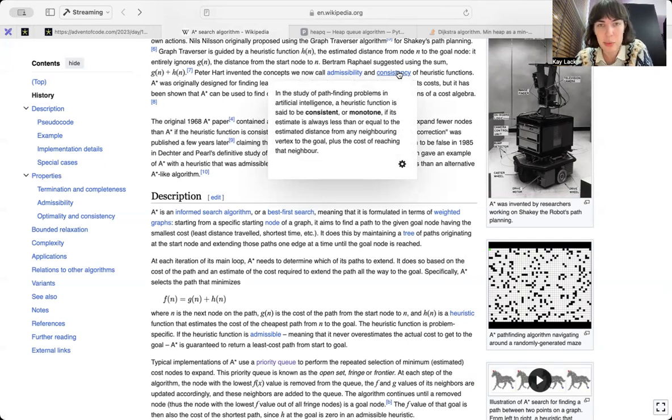And it's, I believe what it means, I'm less clear on this, but I believe what it means is the heuristic should, if it is to be consistent, its estimate should always be less than or equal to the estimated distance from any neighboring vertex to the goal plus the cost of reaching that neighbor.